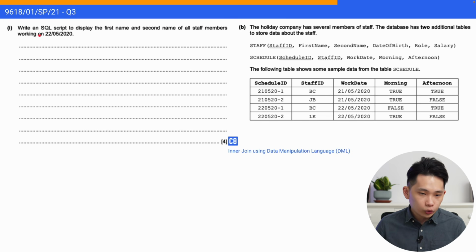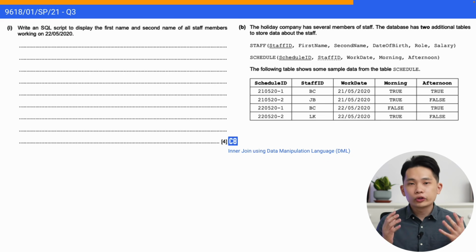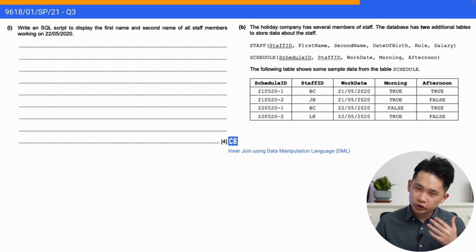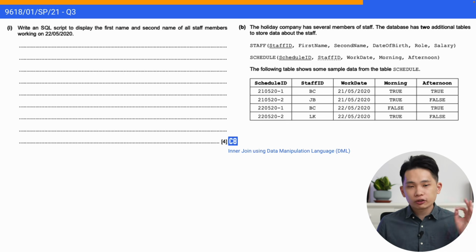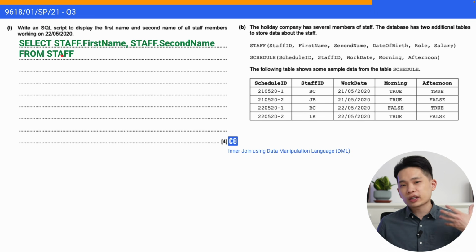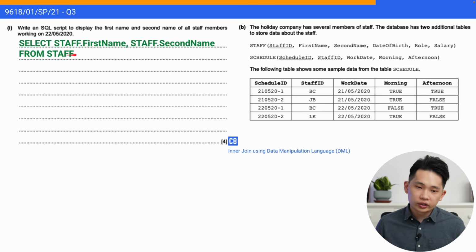Write an SQL script to display the first name and the second name of all staff members working on 22/5/2020. From this question itself, we know that we need data from both the staff and schedule tables, so it's going to be an inner join question. So first of all, we'll just do SELECT staff.firstname, staff.secondname FROM staff. For this kind of question, we should always put the table name and then dot and then the column name.